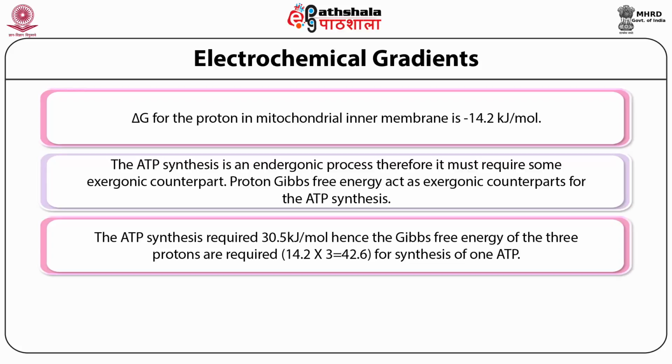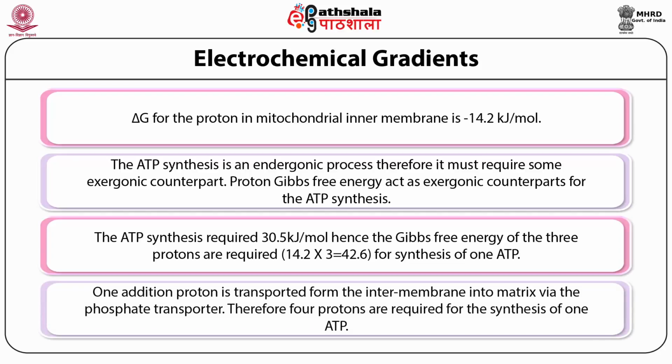In this way, if you calculate the delta G that is required for ATP synthesis and the delta G that is available with the proton, then you can say that 3 protons are required for synthesis of 1 ATP. It is also important to note that one additional proton is utilized by the phosphate transporter.